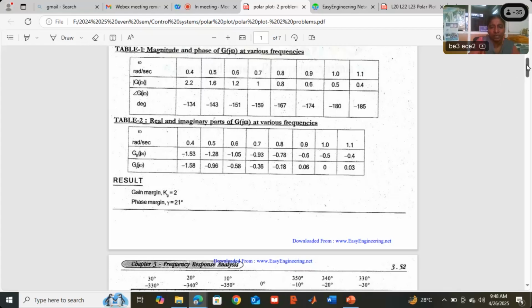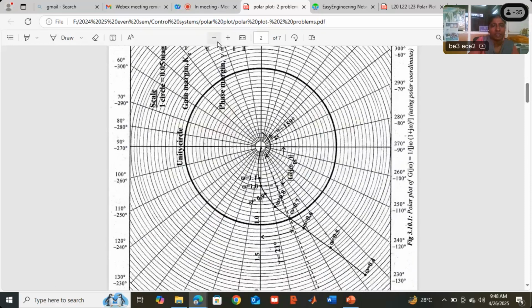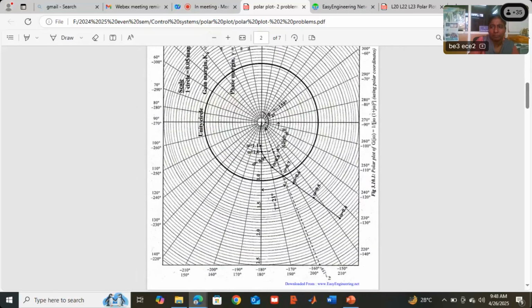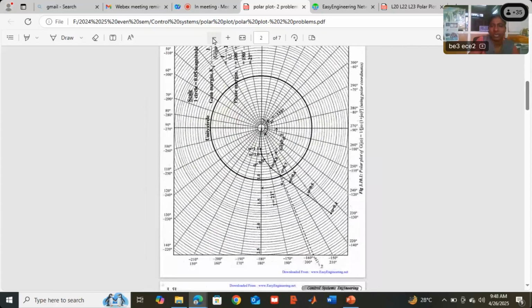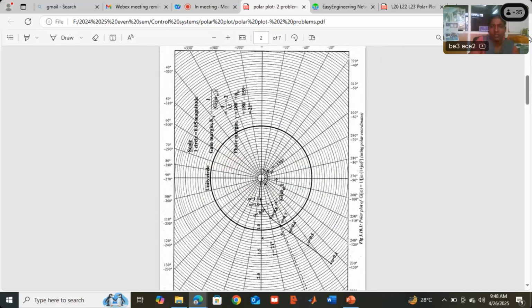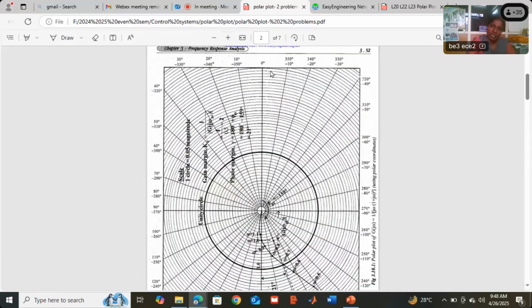Now you can see this is the graph sheet. I am making it small. You can see all the lines, you have many lines here. See the angle also written. I will rotate it and show you later. So here is 0 degrees.